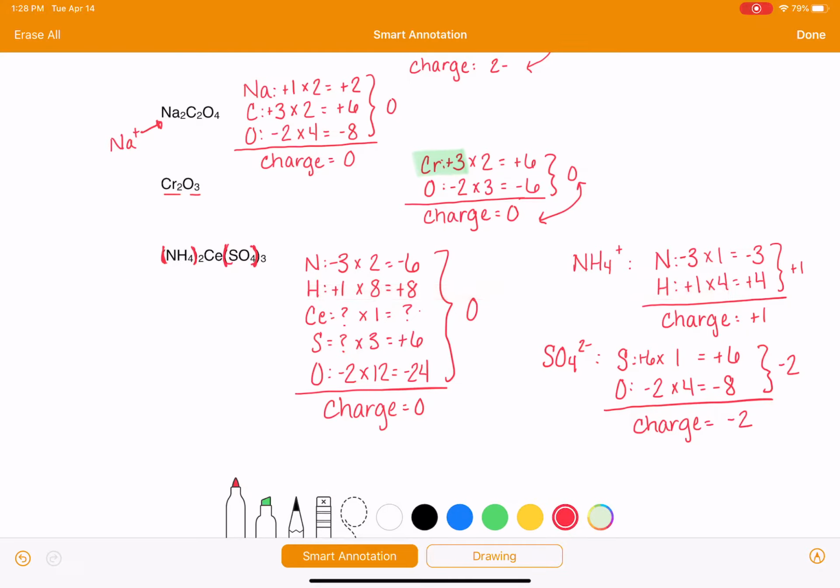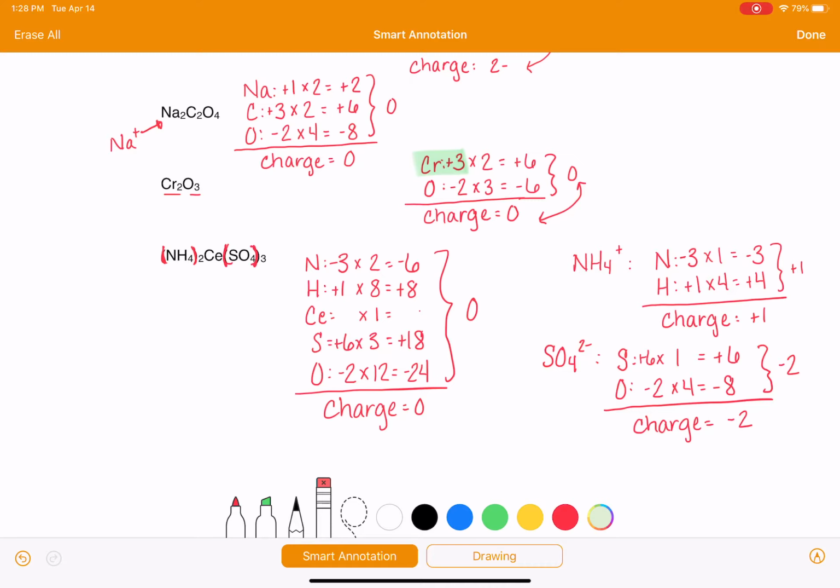So now, are we in a position where we can actually figure out what the charge is on this cerium, Ce? Wait a minute. Almost made a fatal error. Sulfur is plus 6, and there are 3 of them for a plus 18 total. So now, can we figure out what the charge is on Ce? We definitely are able to figure this out.